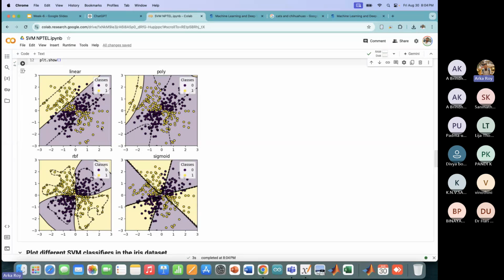You can see that you are doing a severe amount of misclassification. If this side is for class omega 0, you can see a huge amount of points belong to class 1, which are misclassified. So that means the linear kernel is not able to do well in this particular case.